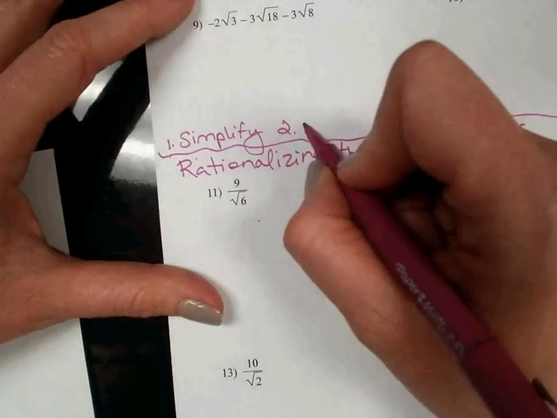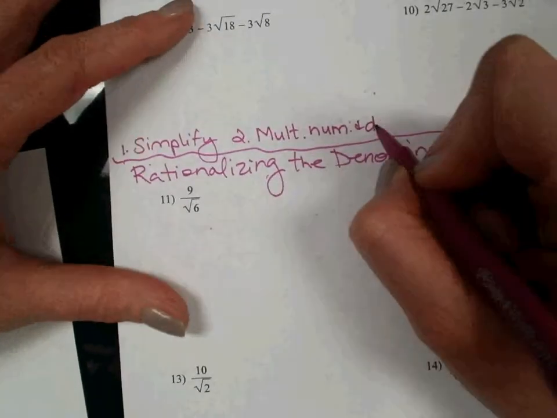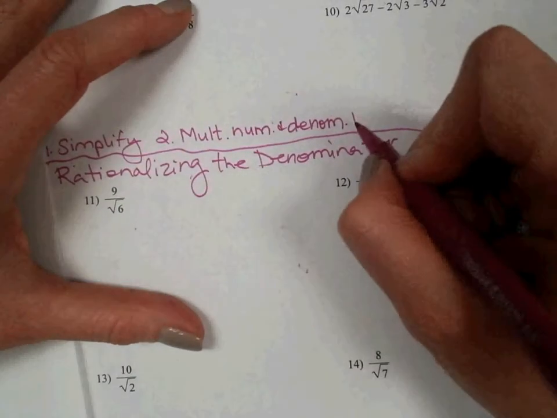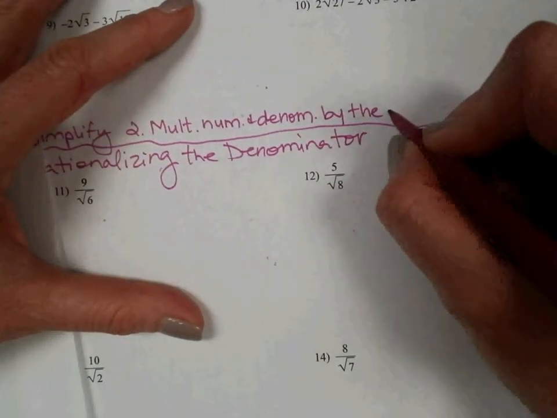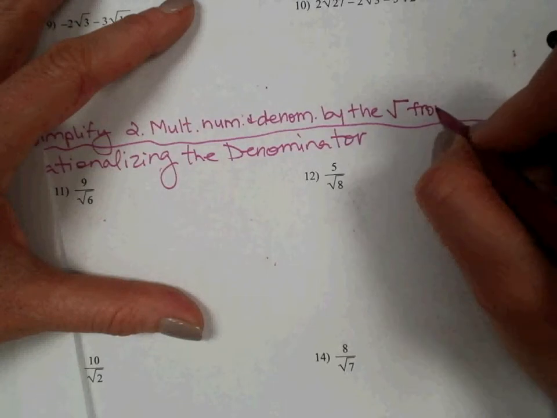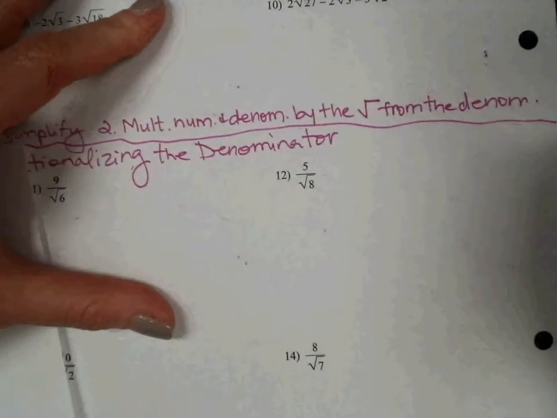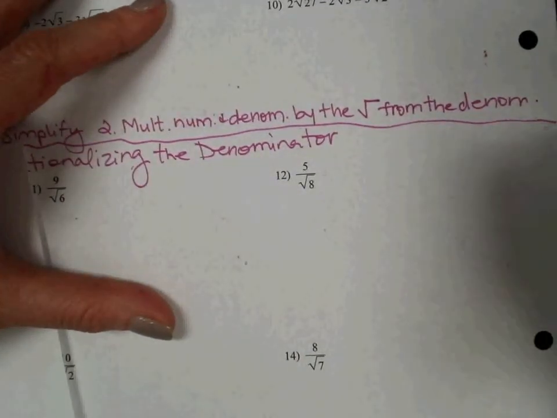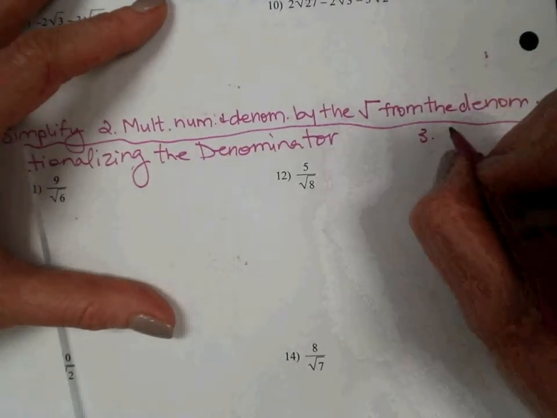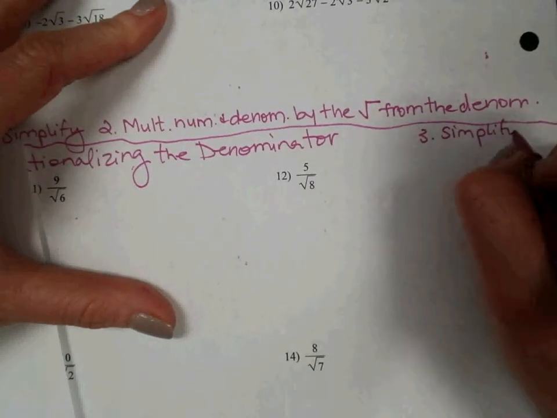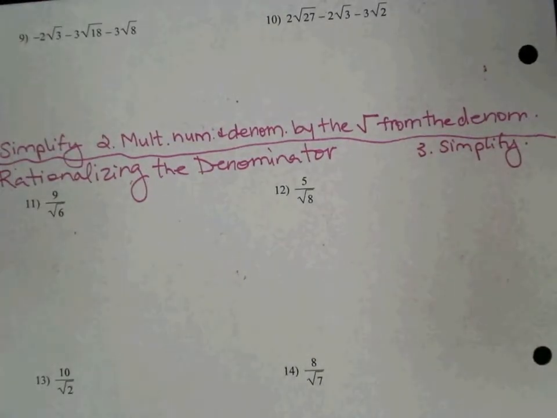Step number 2, we're going to multiply the numerator and denominator by the radical from the denominator. And step 3 is simplify. Again.